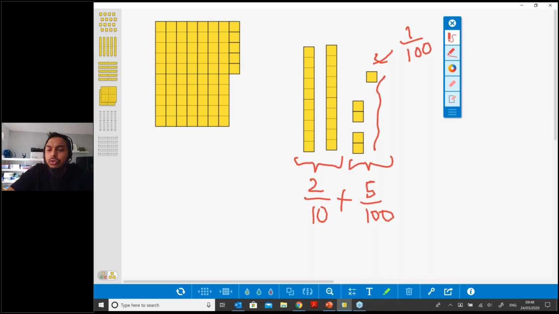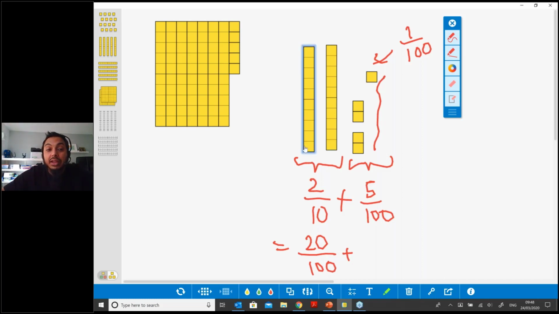Can you use your knowledge of fractions to solve that? 2 tenths and 5/100ths. I remember 2 tenths is equivalent to 20/100ths. And why is that? Do you know why 2 tenths is equivalent to 20/100ths? Oh, maybe you can see it now.